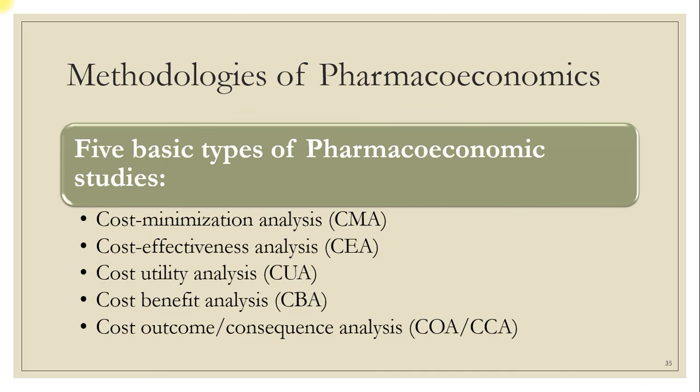Then the methodologies of pharmacoeconomics, five basic pharmacoeconomic study types, we are going to study in the next lecture. We will finish over here. This is the most important point of pharmacoeconomics, and we will study it in detail. Okay, thank you.